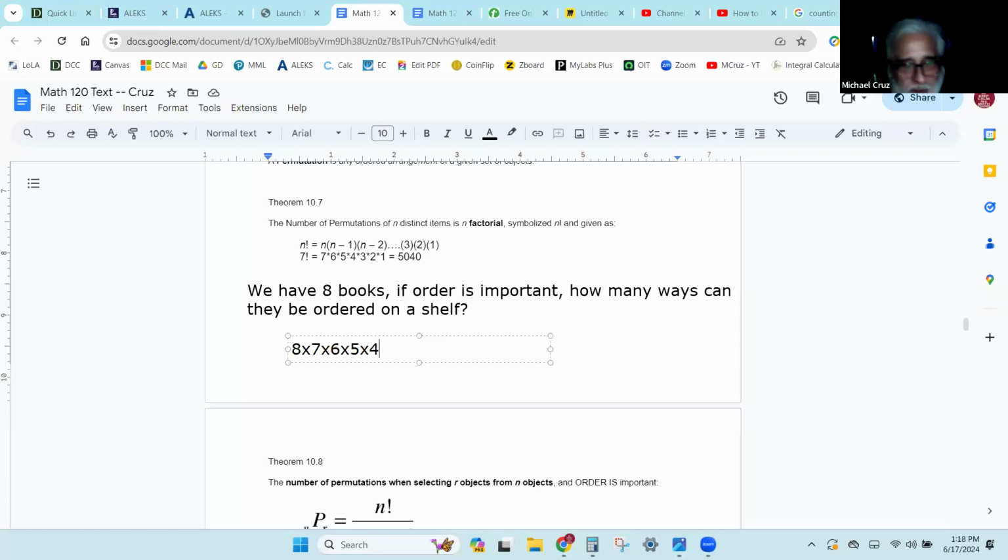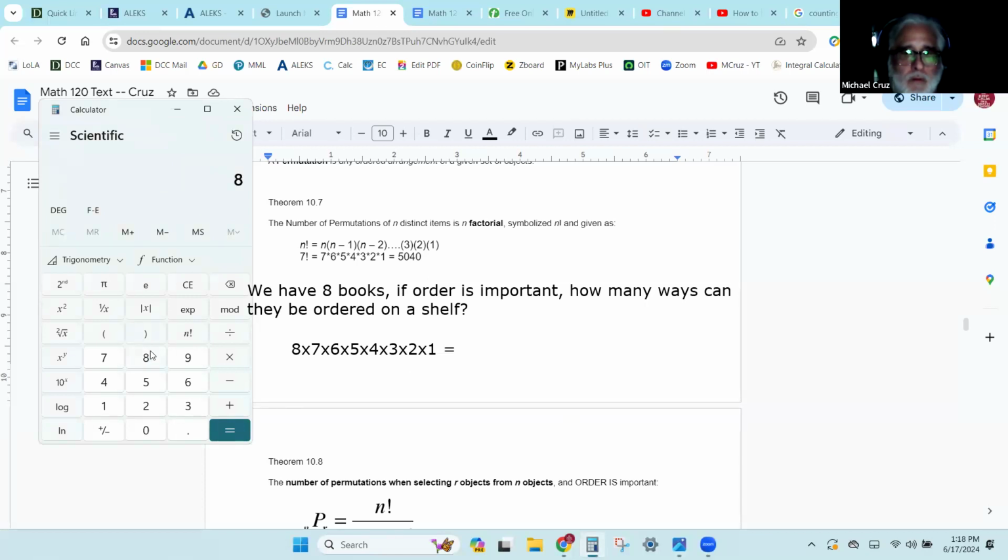Same thing again, now there are 4. You're just going to keep going until there are no more books. And so 8 factorial is 40,320. So 8 books can be ordered 40,320 different ways, if order is important.